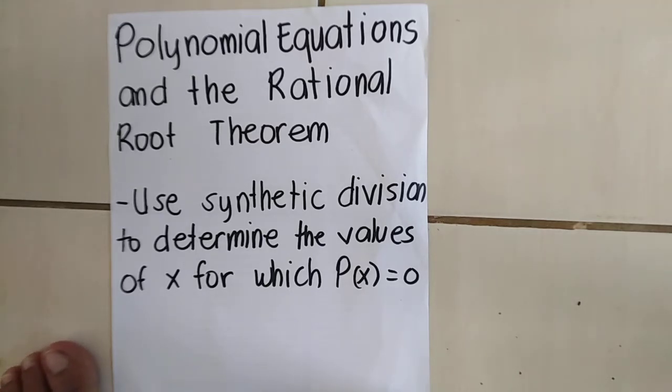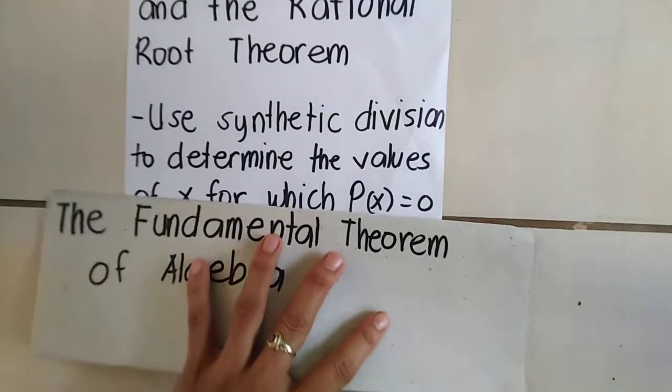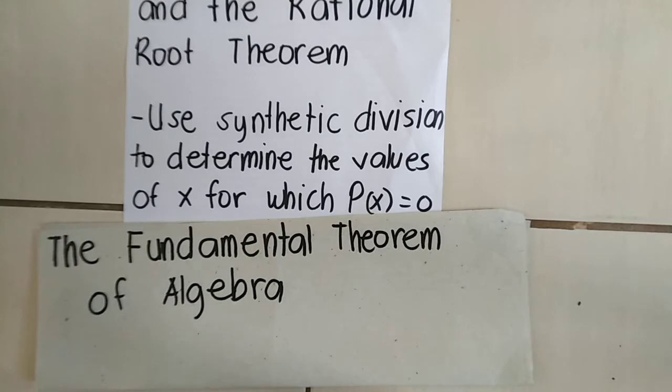In the rational root theorem, we are going to list all the possible roots, but it does not give the actual roots of the polynomial. Some roots may be irrational or imaginary. So with this, we apply the fundamental theorem of algebra to find all the roots of the polynomial equation or zeros of the function.